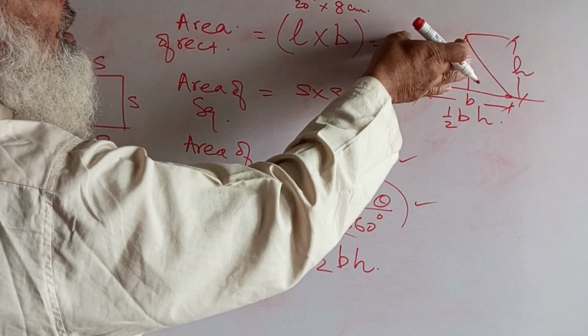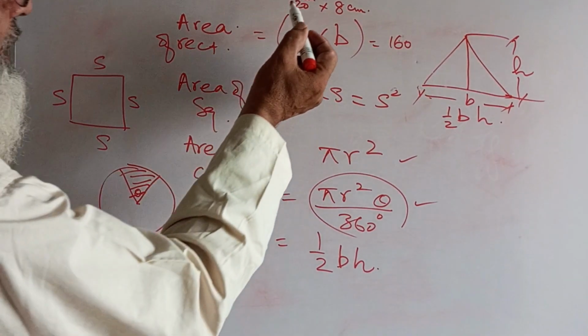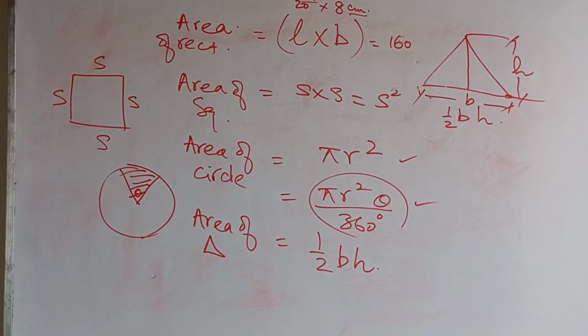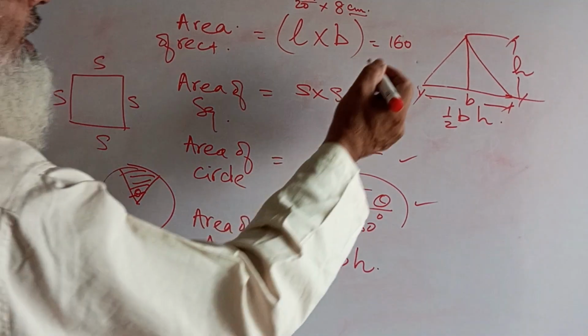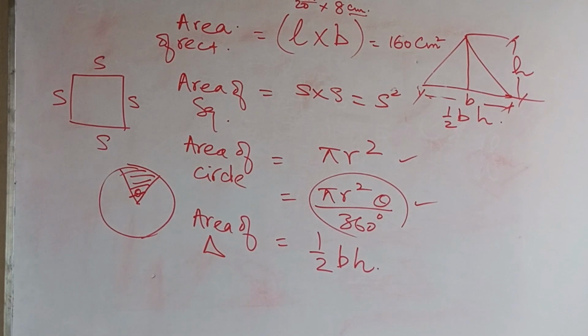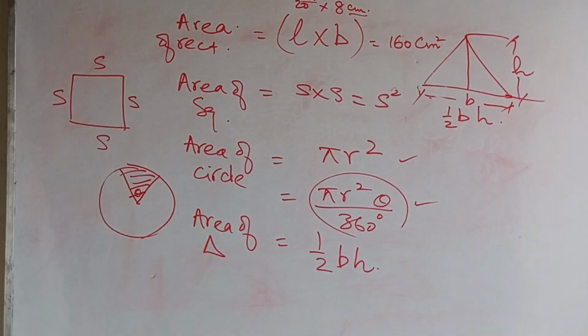But what is the unit for this? Because you are multiplying centimeter with centimeter, it will become centimeter square. Whenever you write the area, it will be in square.